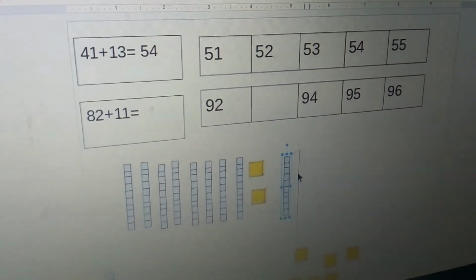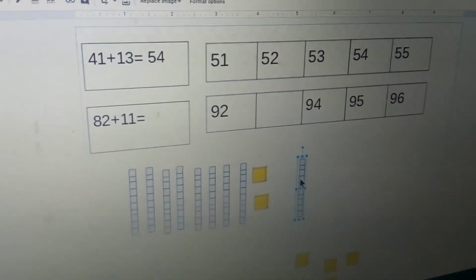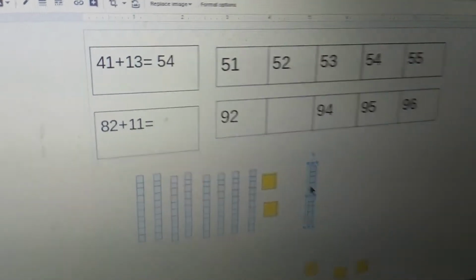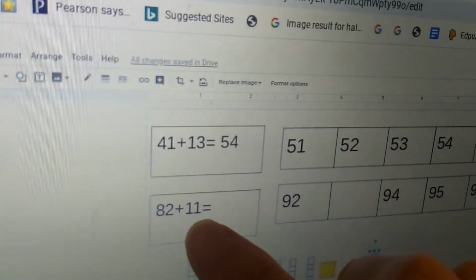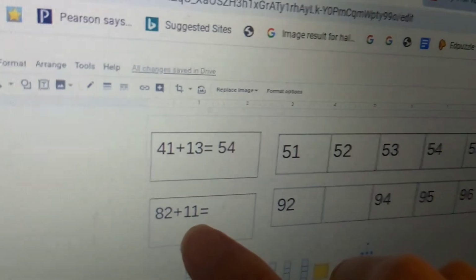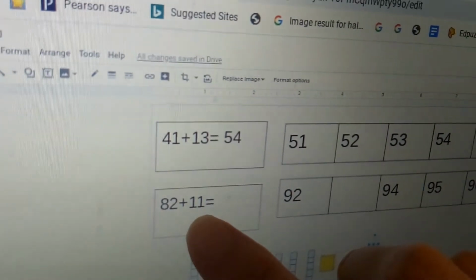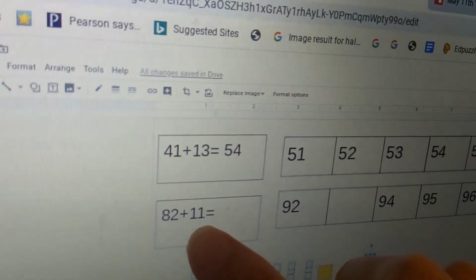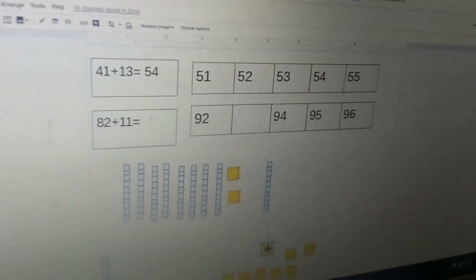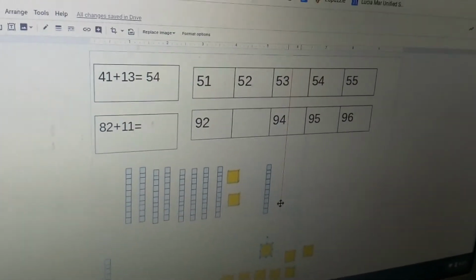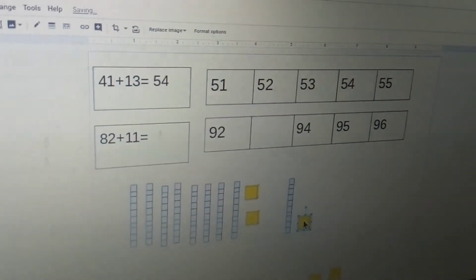Now I'll scoot that a little further to differentiate. Now I'm not done. Once again, how many ones units do I need to pull up to make 11? 1. So let's pull up that unit. Okay, we've built both numbers.